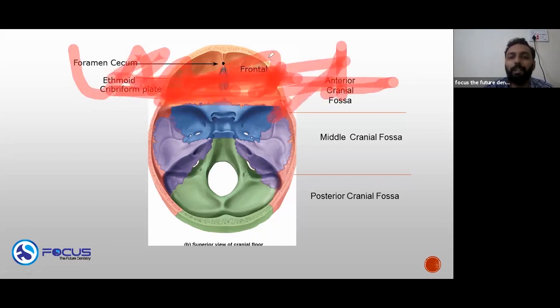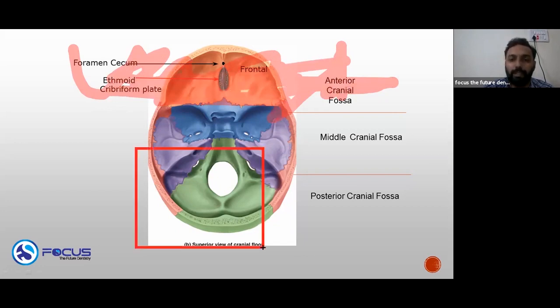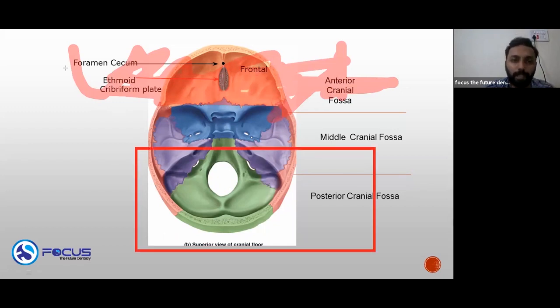Now let's move to another part, that is your posterior cranial fossa, this region. So which is the bigger bone there? The green colored bone which you are seeing is, yeah, people, I hope you are all listening. So this is occipital bone.